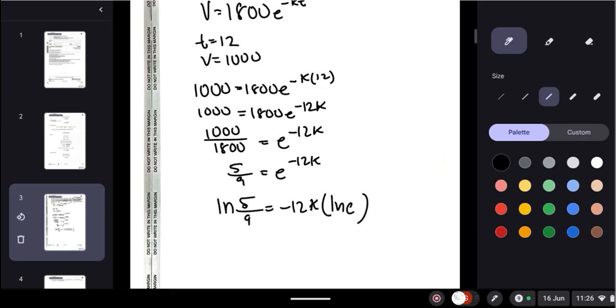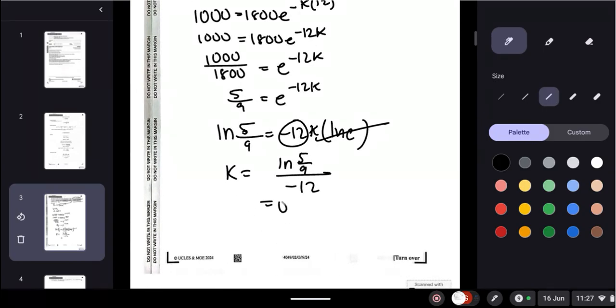If you ln e, this is cancelled. Whenever you ln e, it becomes 1. Now to find this is easy, just switch it and divide by this whole thing, and you get your answer for this part first.